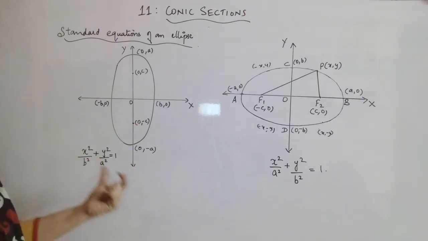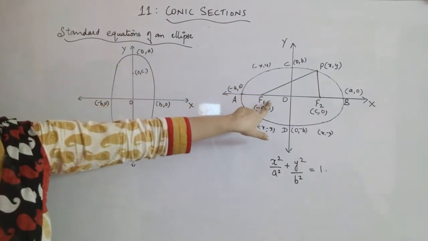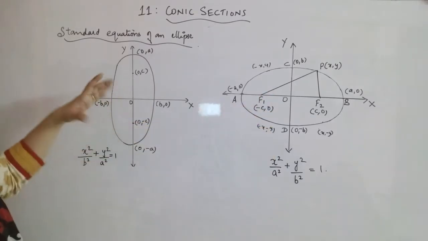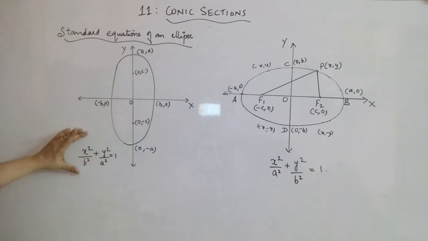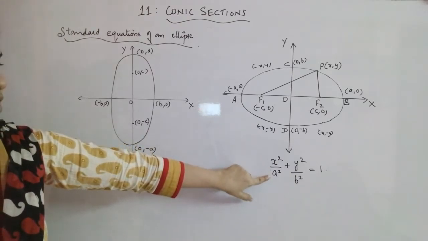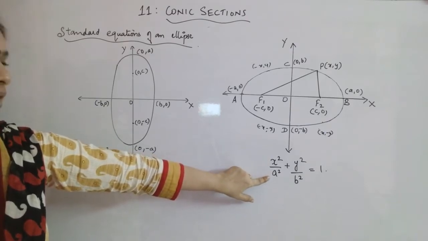And again, the foci always lie on the major axis. How will you find out the major axis? Again, if the equation is given, you have to go for the denominator. The major axis is on the x-axis if the denominator coefficient of x square is greater.